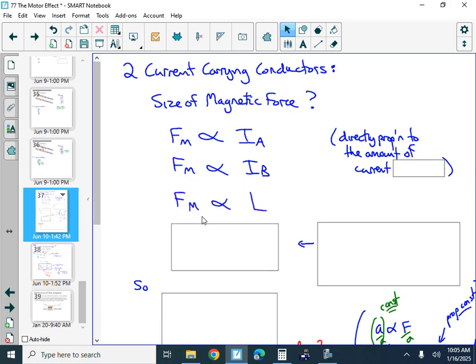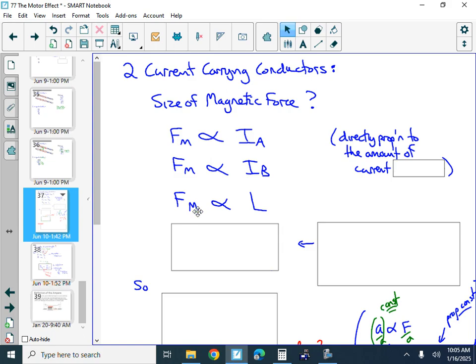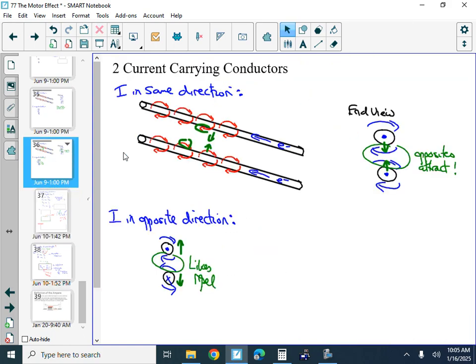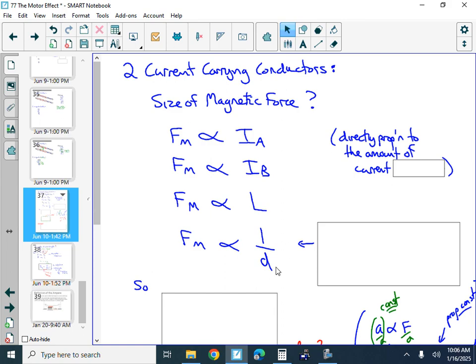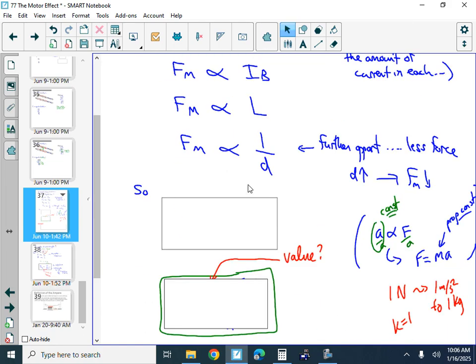And if you had more wire side by side, that's obviously going to lead to more magnetic force. And then there's the distance between the wires. Obviously the further the distance, the less force there's going to be. This could be a direct inverse relationship, or it could be an inverse square, which is common, but basically the farther apart, the less force there's going to be.